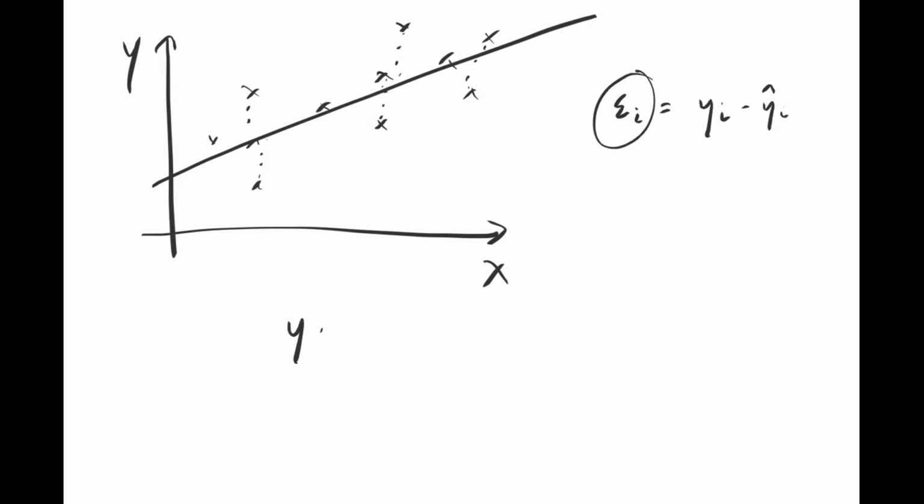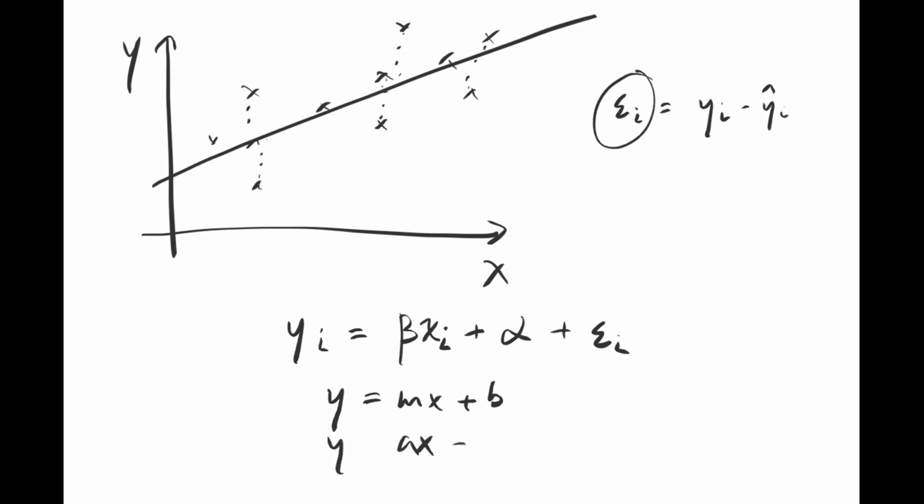So yi is equal to beta xi plus alpha plus epsilon i. Okay. So you may be familiar with this equation, but just to get everyone on the same page, if you've ever seen something like this or something like this, the m and the a refer to the slope, which is what your beta is.